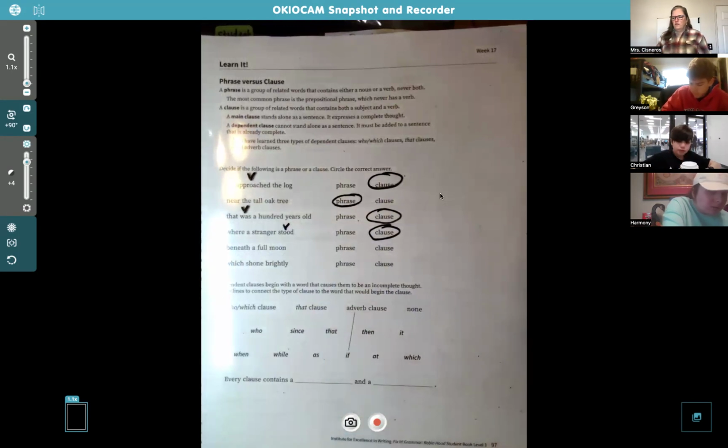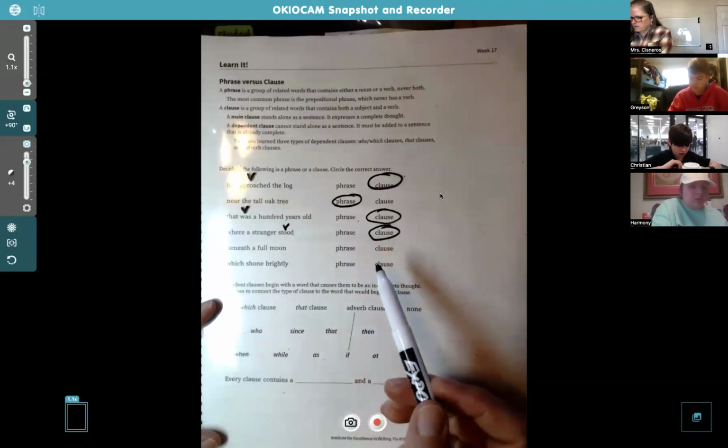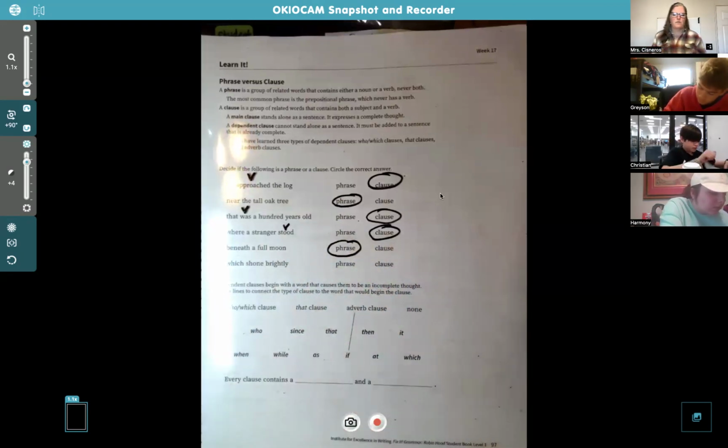Beneath the full moon. That's a... No, phrase. That's a phrase. Good, because that word beneath is actually a preposition and there's no verb there. And then the last one, Harmony.